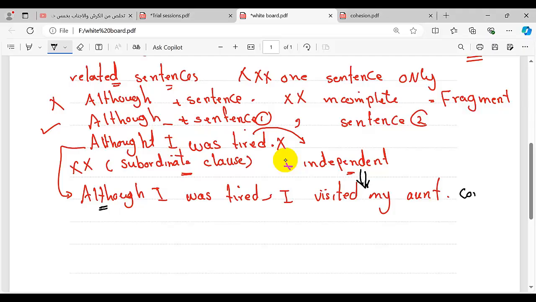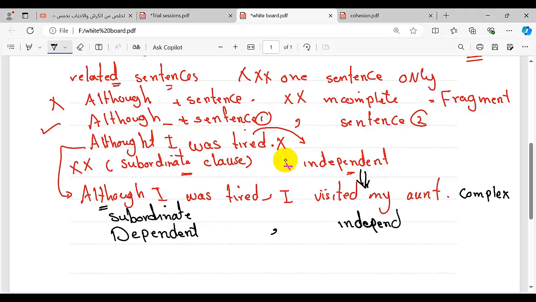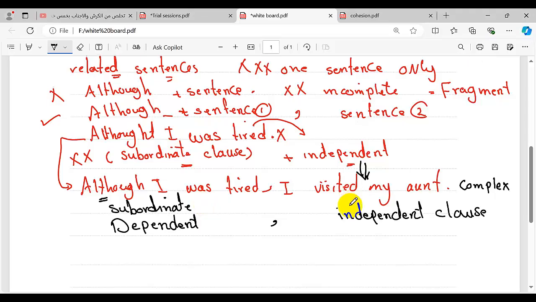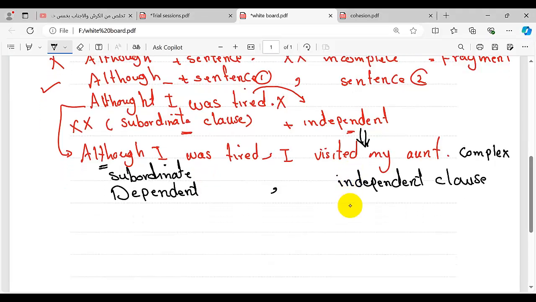This kind of sentence is what? Complex sentence. The first sentence is the subordinate, or we also name it the dependent clause, comma, the second sentence is the independent clause. What is the difference here? Independent clause means the sentence with no conjunction.